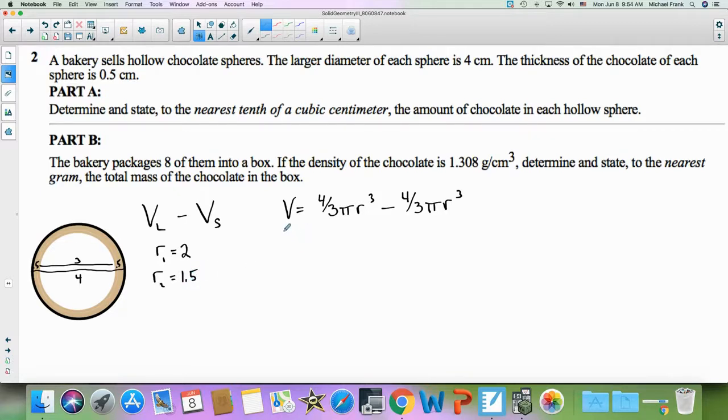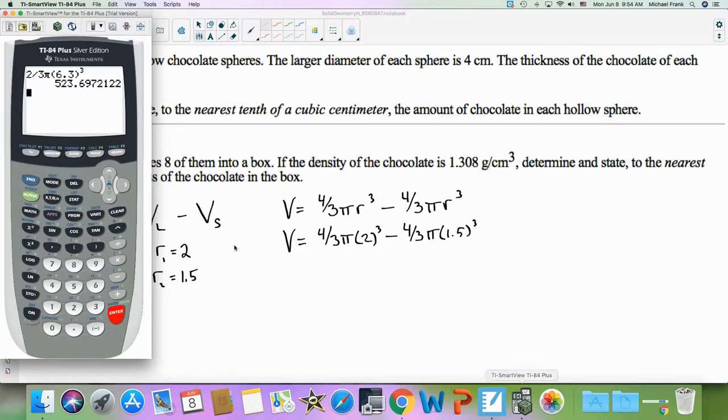So I'm just going to say our overall volume for one chocolate is going to be 4/3 pi 2 to the third power minus 4/3 pi 1.5 to the third power.